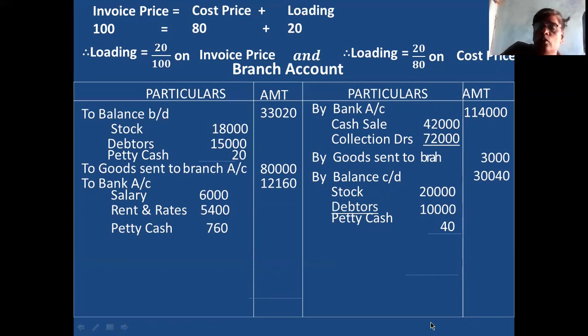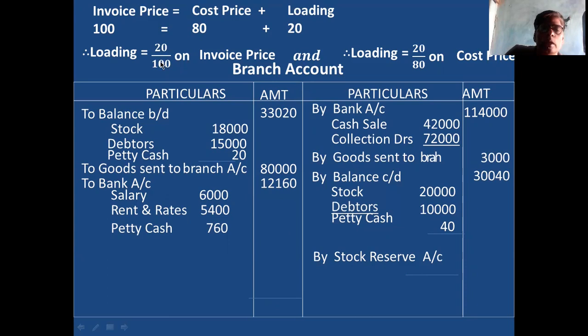Then you have to remove the loading. Okay, remove the loading. So first, on opening stock, you write by stock reserve. By stock reserve, you calculate 20%, 20 by 100.